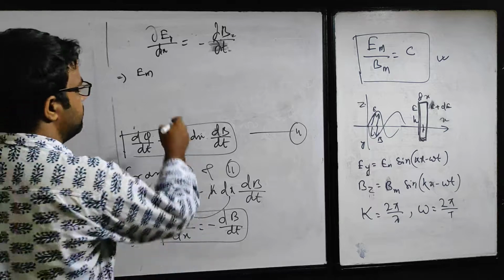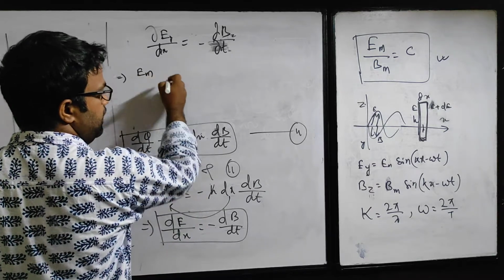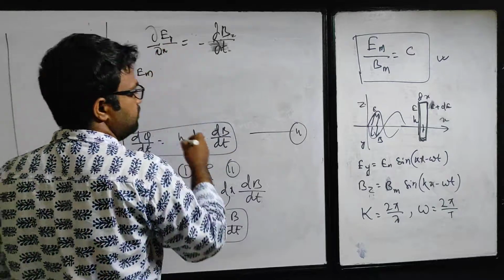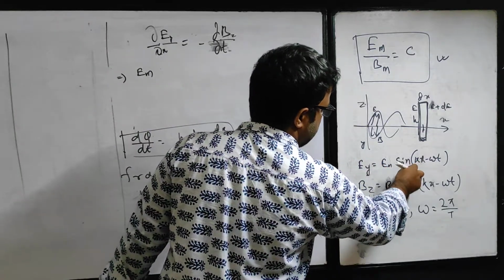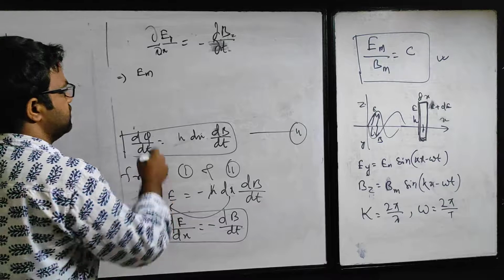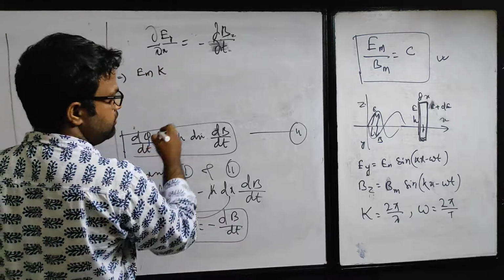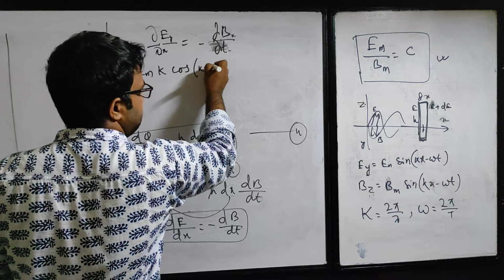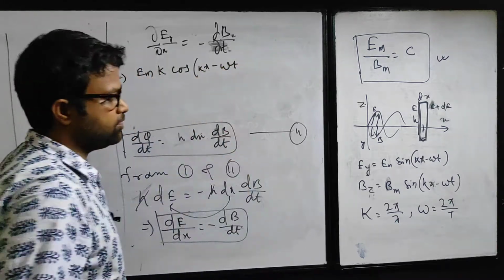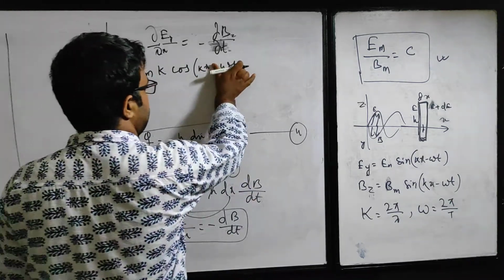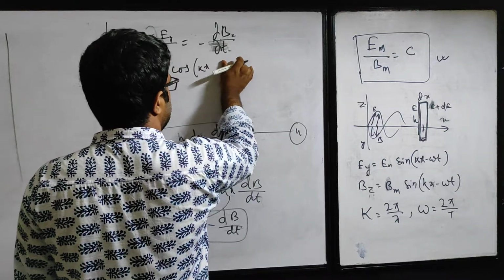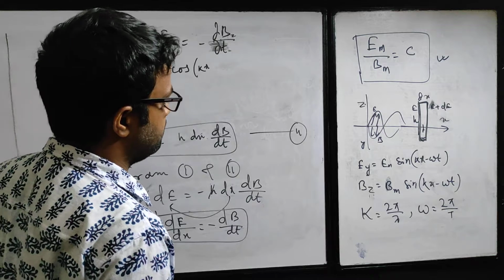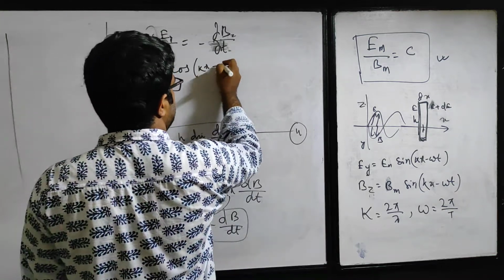Differentiation you can do: sine will become cos, and k will come out of this one. So k cos kx minus omega t, okay, kx minus omega t.